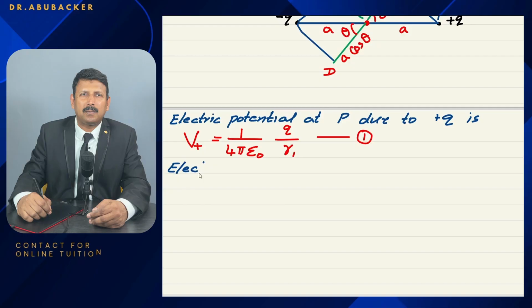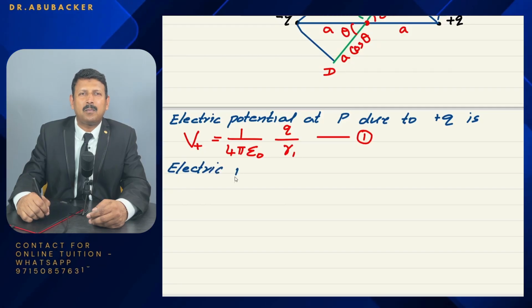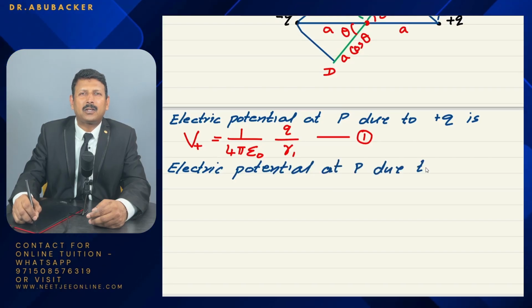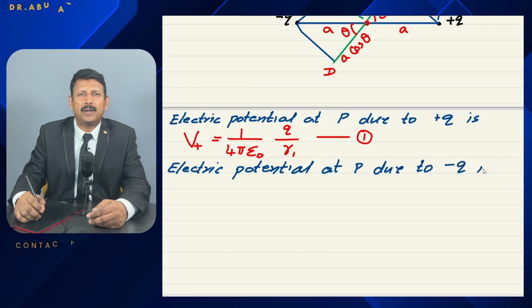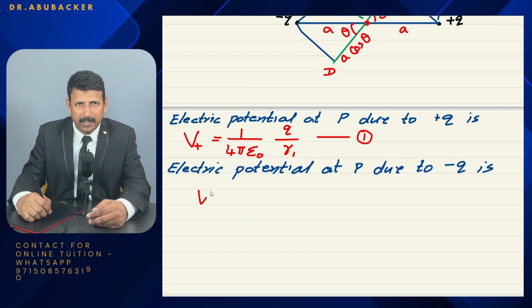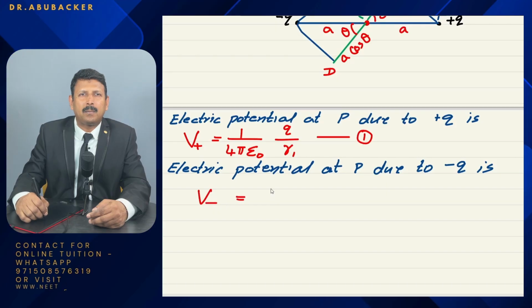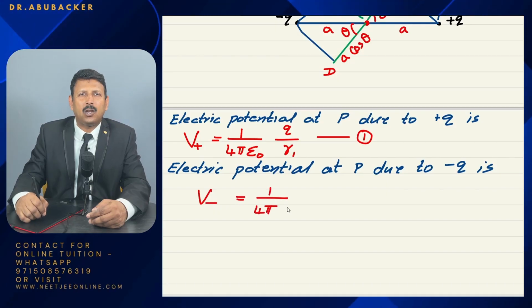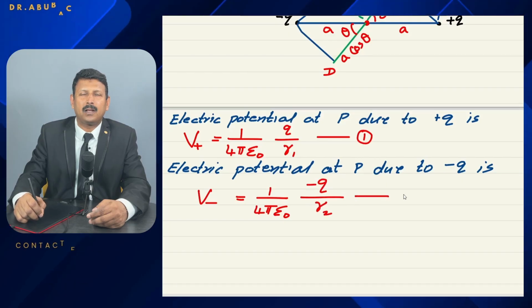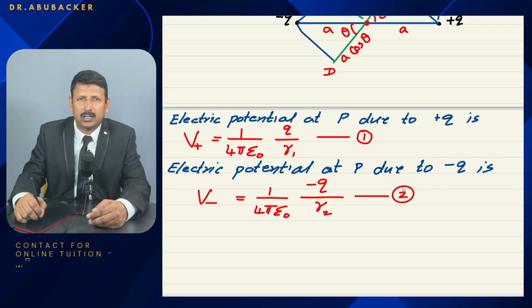So add one statement: electric potential at P due to minus q, same sentence as we did before for plus q. So potential due to minus q is V minus is equal to 1 by 4 pi epsilon 0 times minus q divided by the distance between them, r2. From the diagram you will get equation number 2.